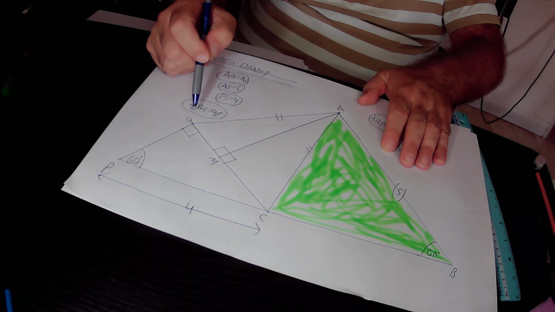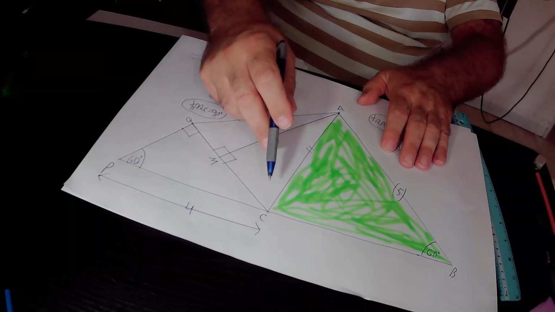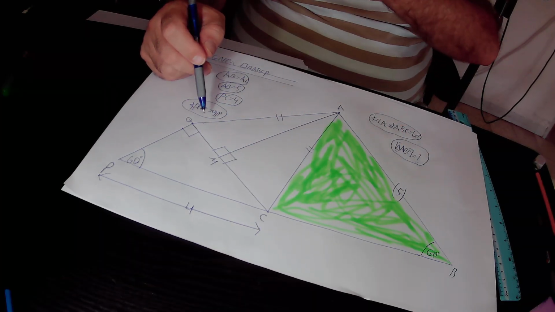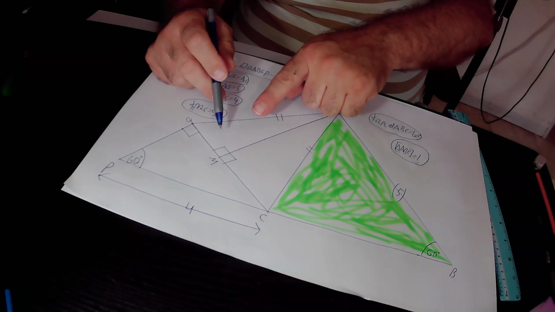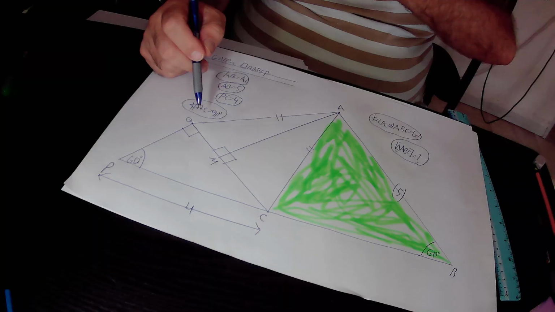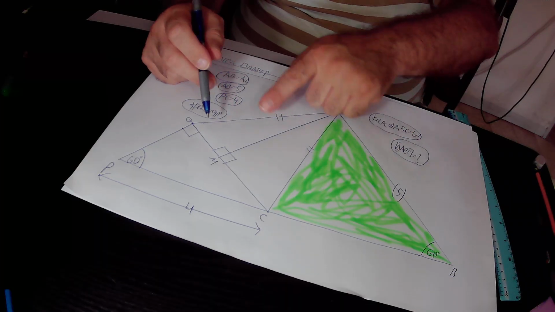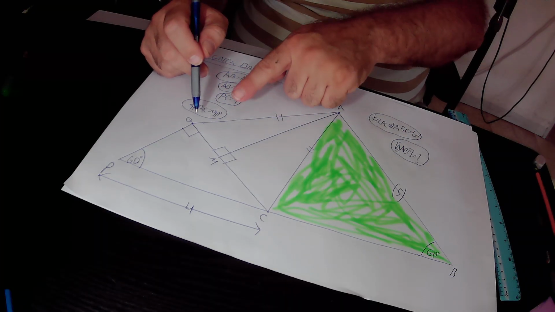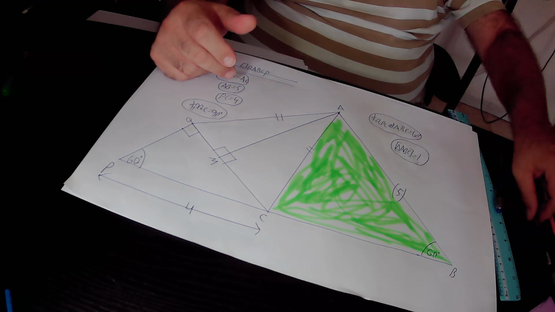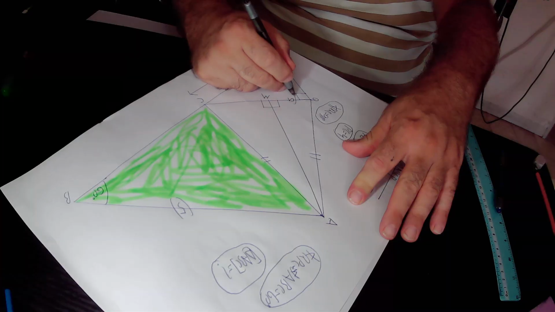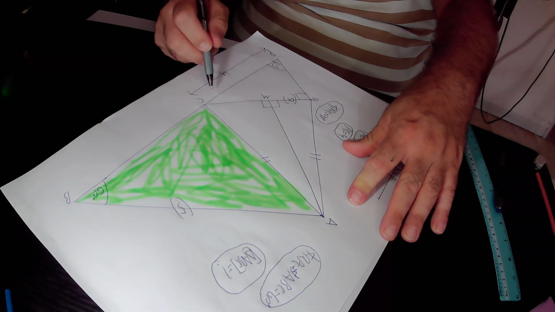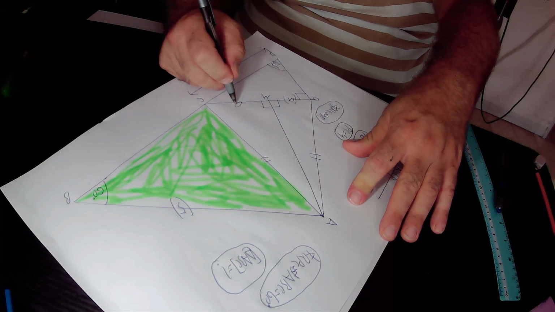The first half is QM and the second half is MC. And of course the first half must be equal to the second half. So QM equals MC. So if we define the length of QM as a, then the length of the second half MC must also be equal to a.